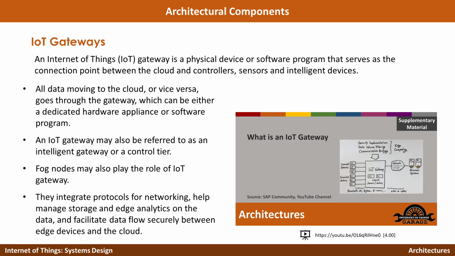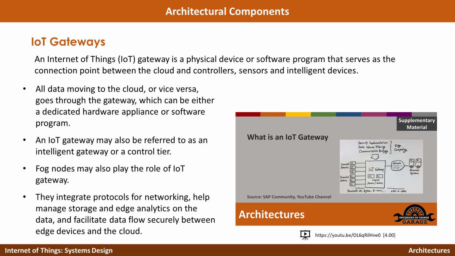Now I would like to bring your attention to IoT gateways. Previously we discussed that IoT gateways are more like the fog node. They are pretty much the same, but IoT gateway is a terminology most people in the industry use, so it is good to understand IoT gateways a little bit better.